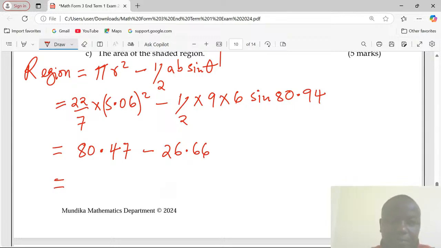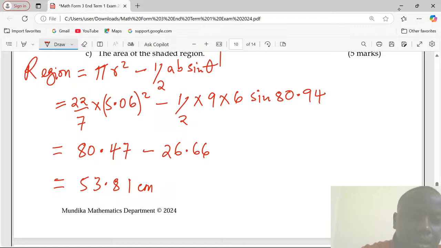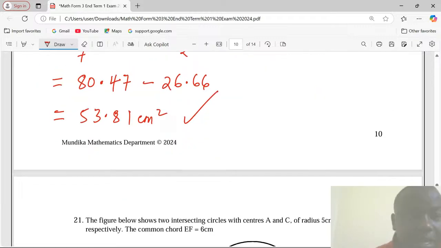When we subtract 80.47 minus 26.66, I'm getting exactly 53.81 square centimeters.